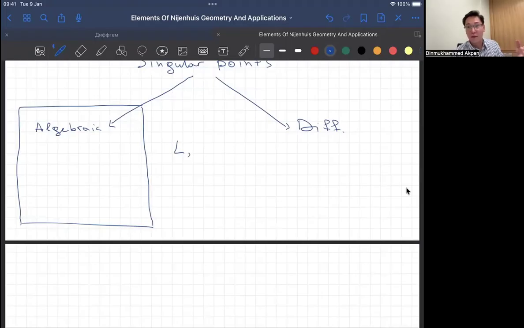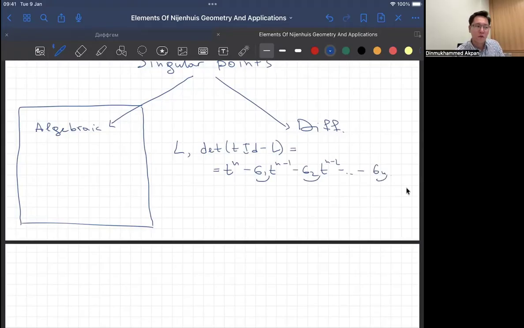We have already seen these functions: the coefficients of the characteristic polynomial, t^n minus sigma 1 t^(n-1) minus sigma 2 t^(n-2), etc., minus sigma n. These are naturally defined functions for any operator field, and they are invariants. They don't change under coordinate transformations.